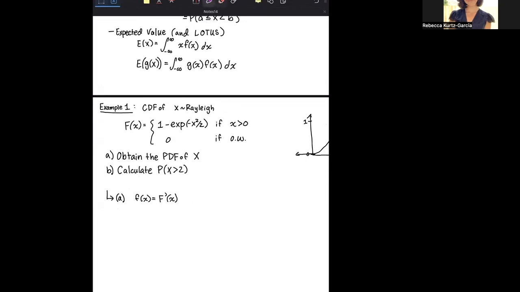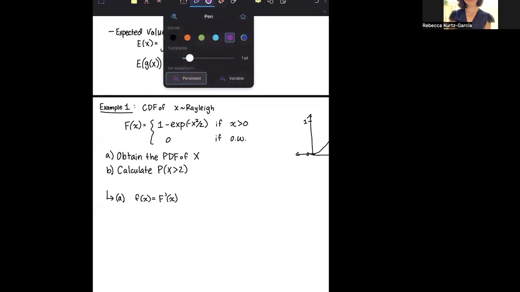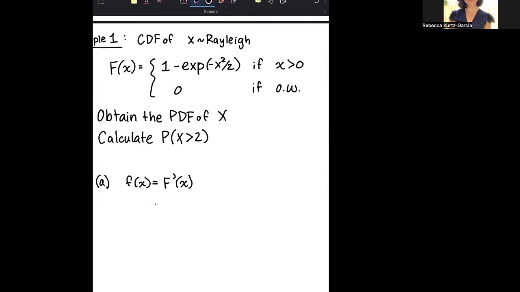Okay, so we know it is the derivative of our CDF function. So we are going to go d/dx of 1 minus exp negative x squared over 2.